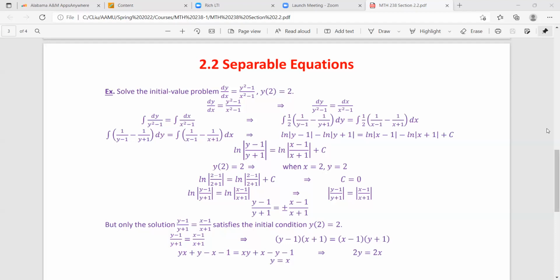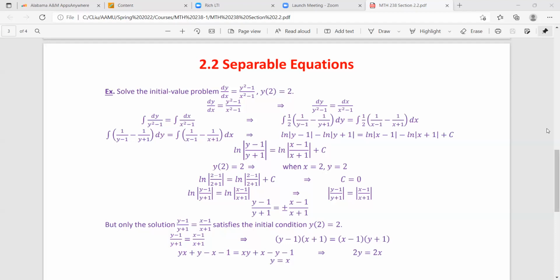Remember? Okay, but anyway, this is an easy, simple problem that you can easily double check. So similarly, you can rewrite 1 over x squared minus 1 as 1/2 times (1 over x minus 1 minus 1 over x plus 1).